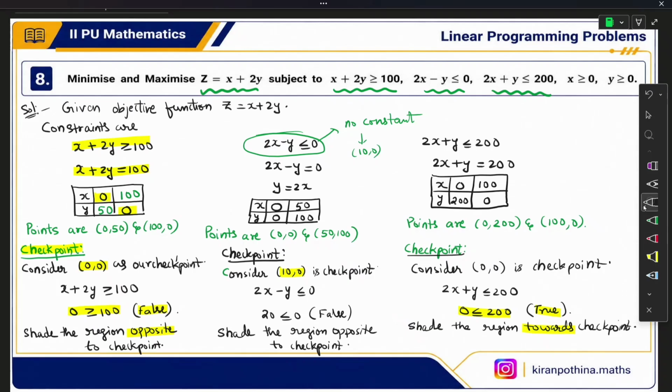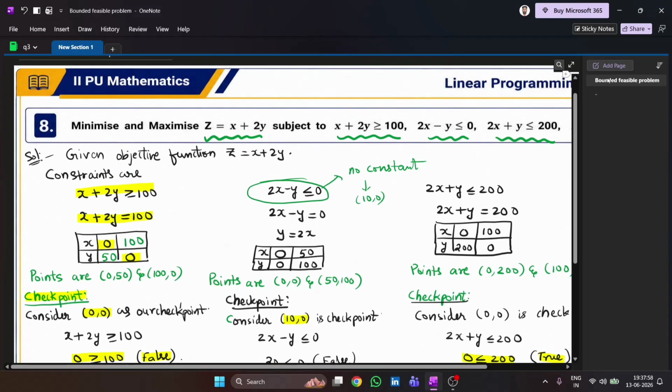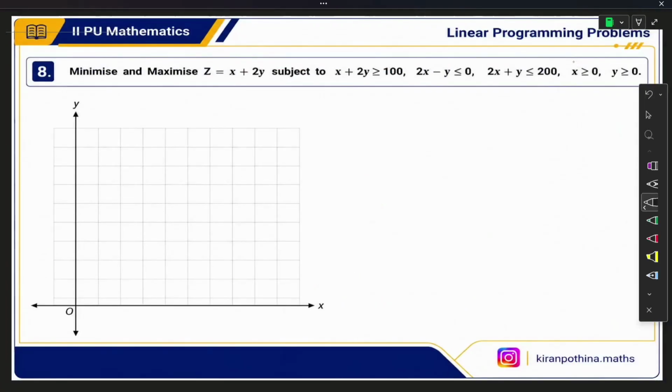Next, coming to sheet 2, which is the graph. For that, these are the points we have to mention there. Okay guys, so this is our graph, and as you observed, our points are high, like 50, 100, 200.